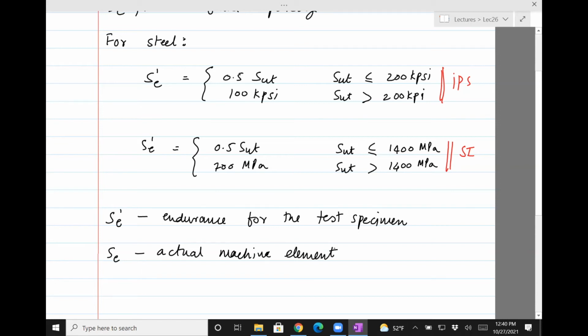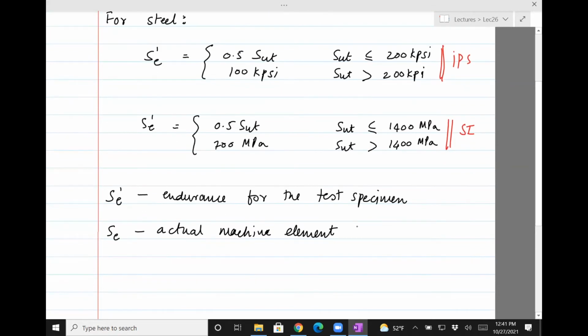So when you take that piece of steel and you put it in the machine element, its endurance is going to be different, and it's going to be different because of various things like imperfections. There would be notches, there would be stress concentration, and so on. And so we just distinguish those two. So we'll make a correction to the SE factor later on.